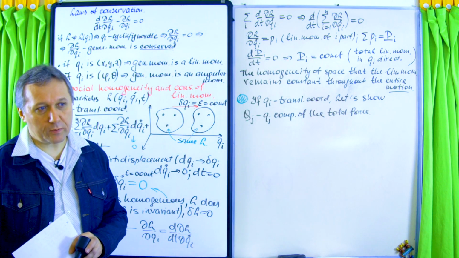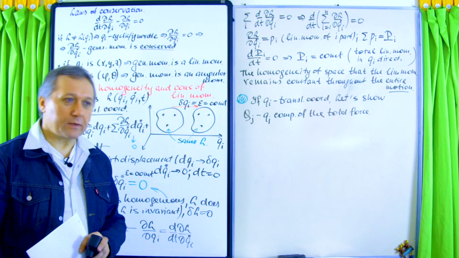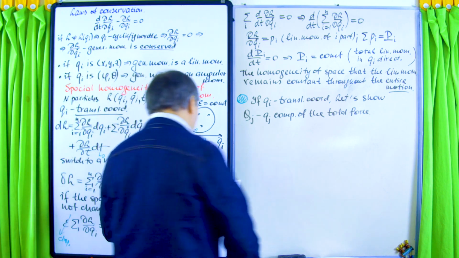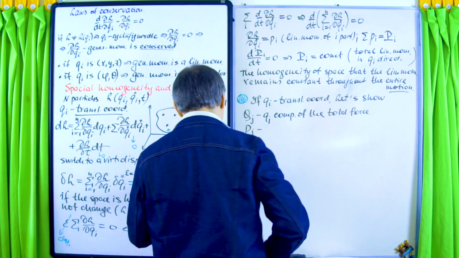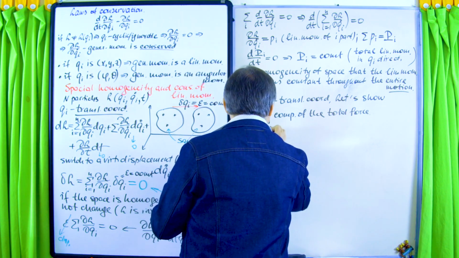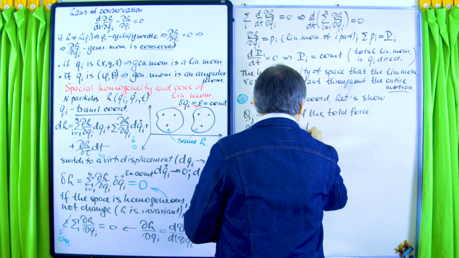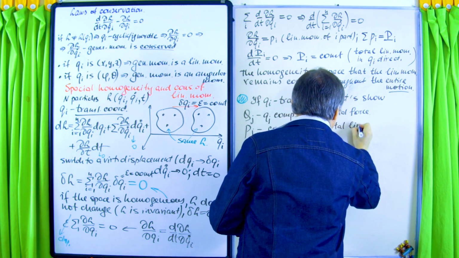And the second step about linear momentum: that generalized momentum Pj is actually the corresponding component of the total linear momentum. Right. And Pj, again, is the same component of the total linear momentum.